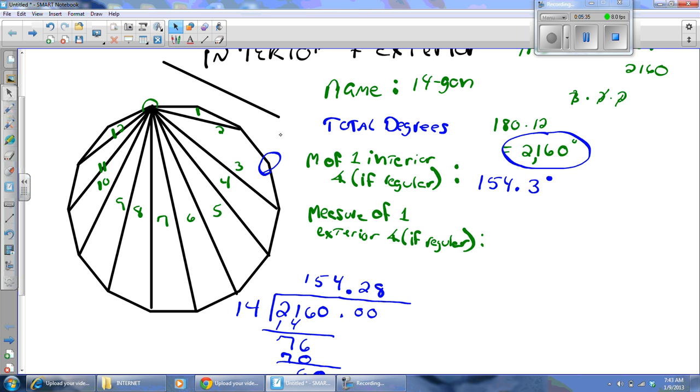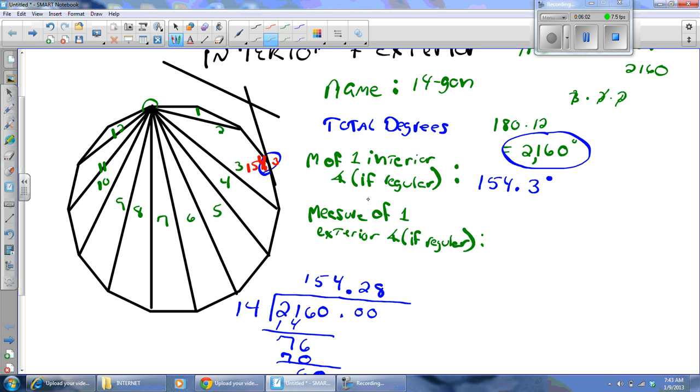Okay, now to figure out the exterior angle, remember I need to extend one of these line segments, like say, I'll do this one here. Okay, and my calculations just showed me that this angle right here, the circled one, was 154.3.